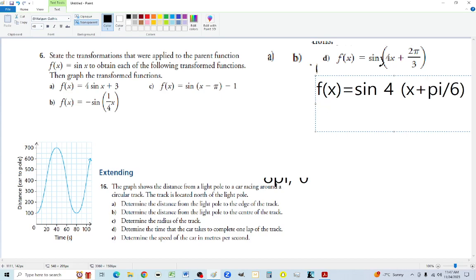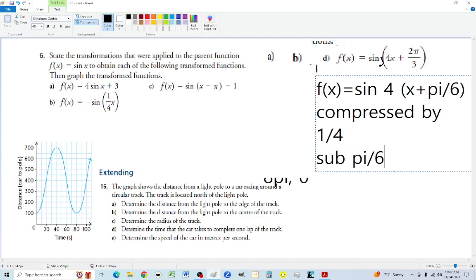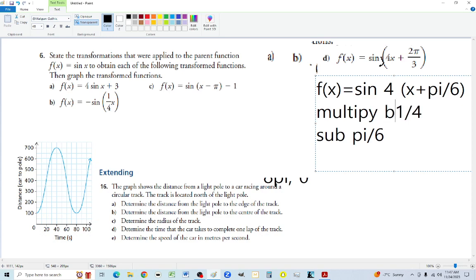Which means all my x values don't get stretched by a factor of 4, but they get compressed by a quarter, essentially. And then you have to subtract pi over 6. So that means multiply all your x values by a quarter, and then subtract pi over 6. So if we start here at 0, 0, multiply by a quarter, I get nothing. Subtract pi over 6, that's where we start.